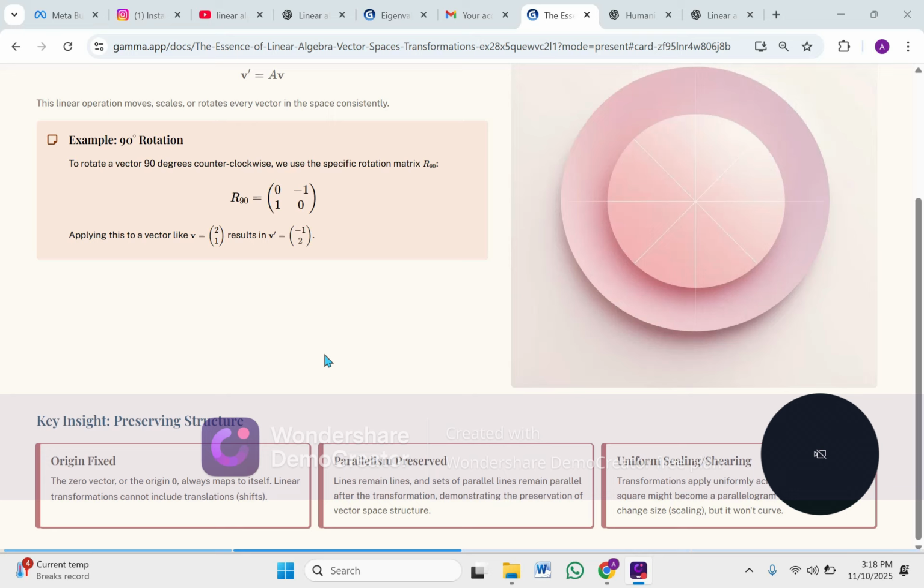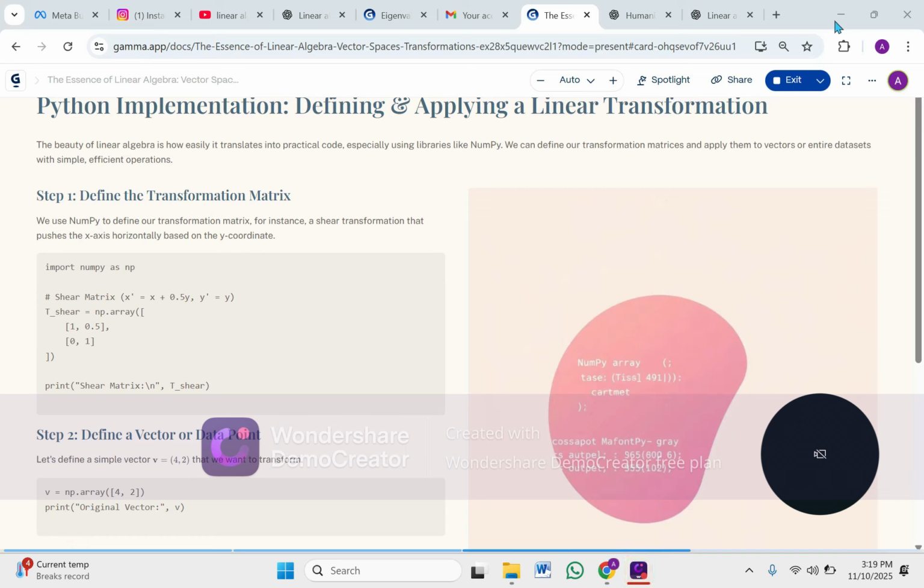Lines remain lines and sets of parallel lines remain parallel after the transformation, demonstrating the preservation of vector space structure. And the last one is uniform scaling or shearing. Transformations apply uniformly across the entire space. A square might become a parallelogram or simply change size, but it won't curve.